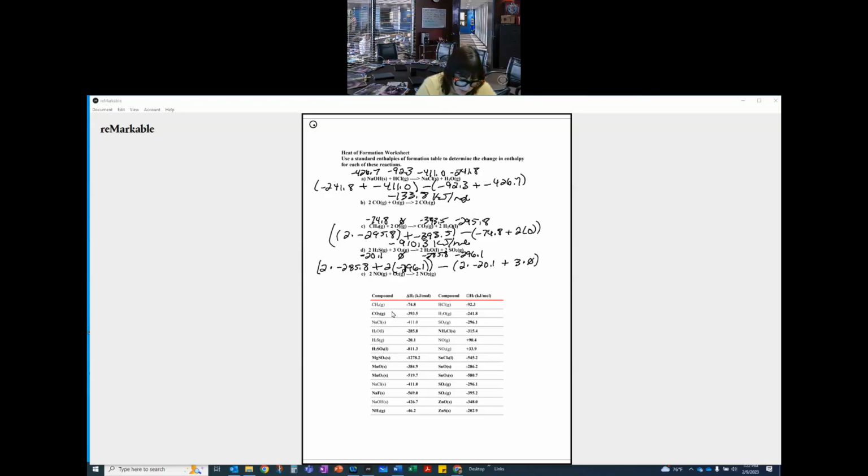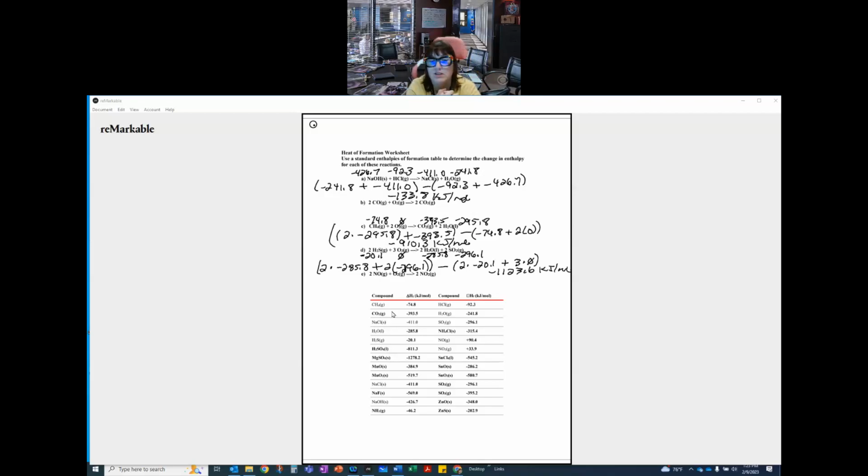Okay, happy math. 2 times negative 285.8 plus negative 296.1 times 2, minus the quantity 2 times negative 20.1 plus 3 times 0. And I get negative 1123.6, and that's kilojoules per mole.